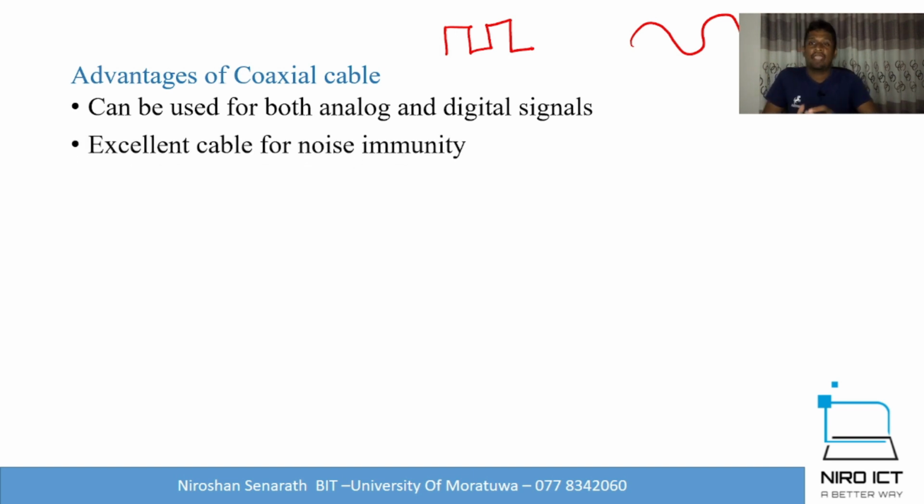It is also an excellent cable for noise immunity. I have explained many types of noise such as induced noise, crosstalk noise, like that, right? This is more suitable for noise immunity. If you use this type of cable, we can minimize the effect of noise, right?